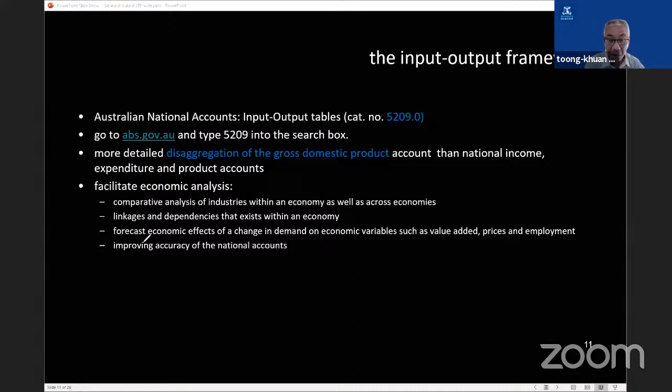So you can think about how a minimum wage will impact your national economy. You can look at how minimum wages impact the construction industry. So basically, it gives you a lot of information, and it also gives you a very good way of calculating GDP. So it improves the accuracy of national accounts.